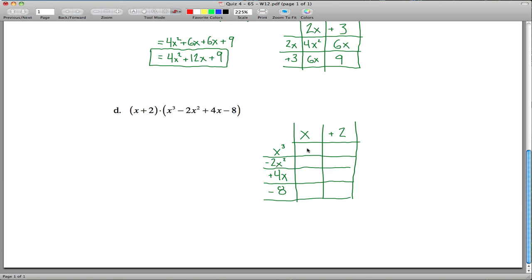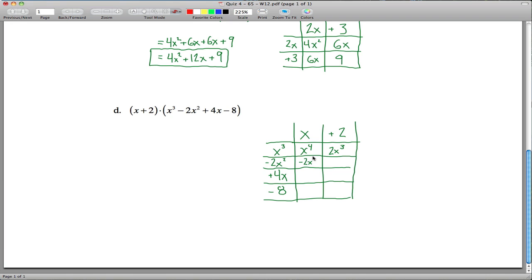x cubed times x is x to the 4th. x cubed times 2 is 2x cubed. x times negative 2x squared, what goes here will be this times this, is negative 2x cubed.